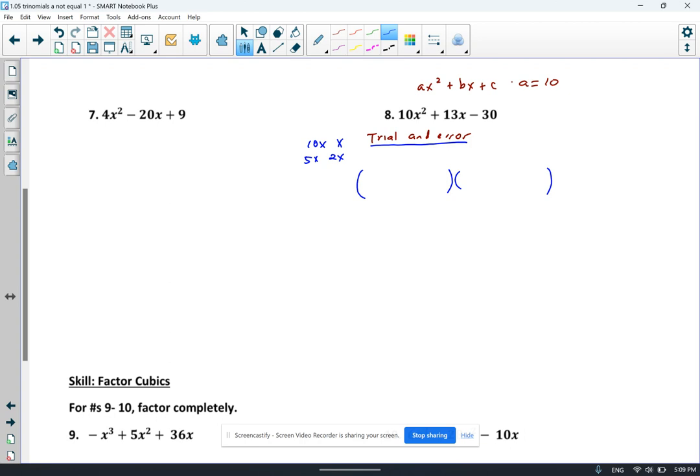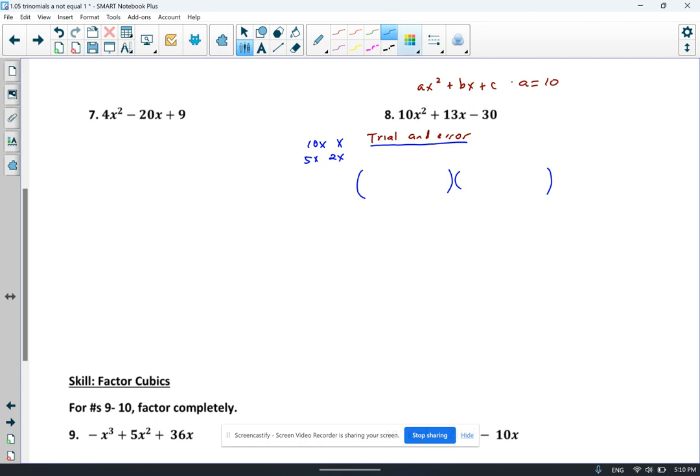Notice that the sign is different for the last term, right? You see a minus, that means the signs in the parentheses are going to be different. Either it's going to be plus minus or minus plus, and we normally figure that out at the end. But again, how you know it's going to be different signs in the parentheses is based on the sign right before the last term.